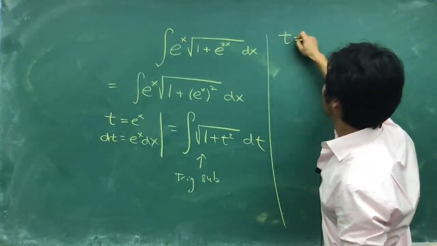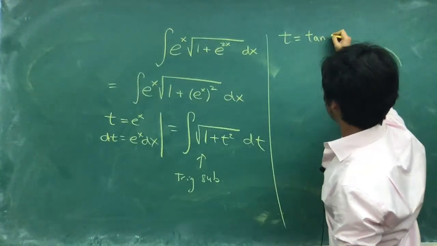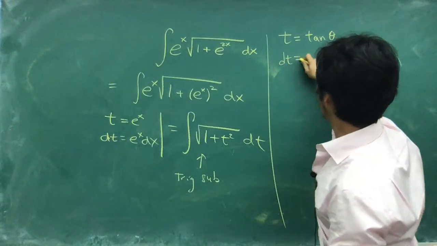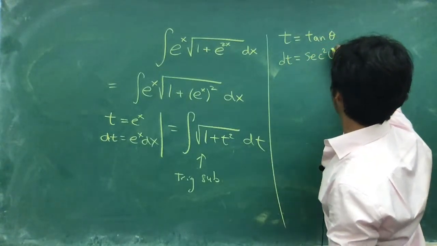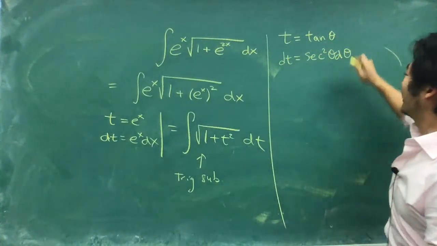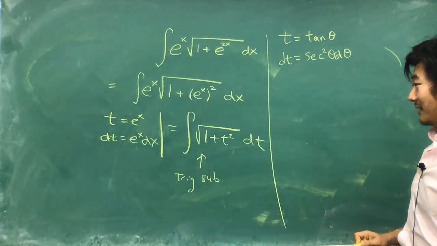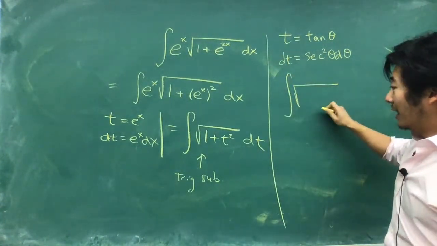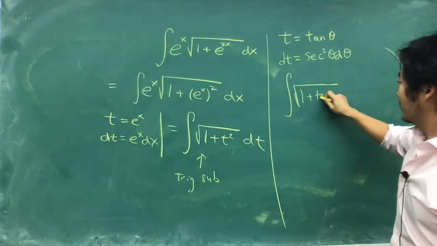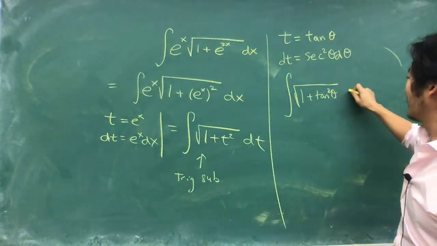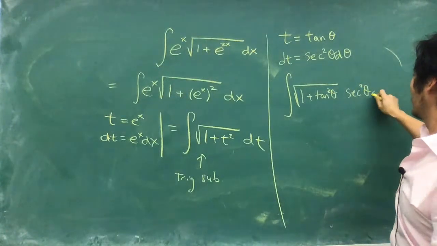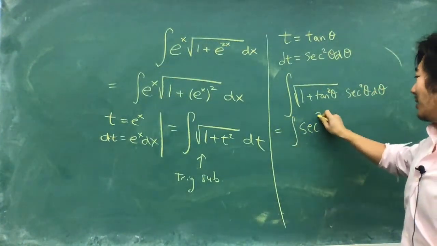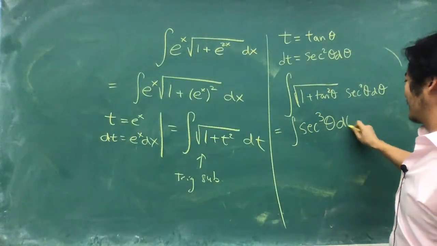So t equals tangent theta, dt equals secant squared theta d theta. And so this becomes 1 plus tangent squared theta times secant squared theta d theta. So it becomes secant cubed theta d theta.